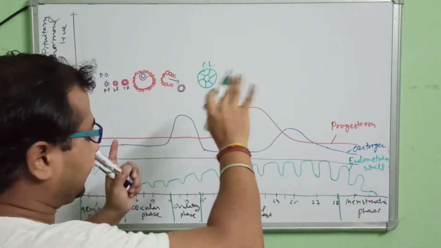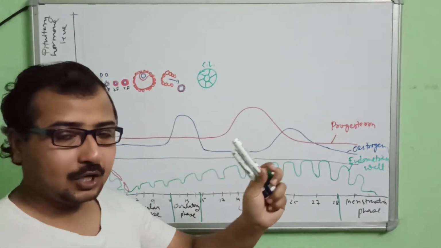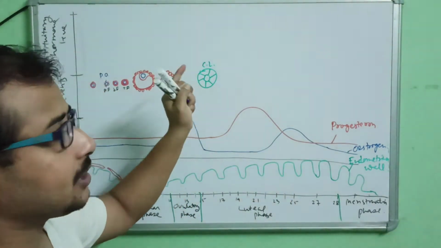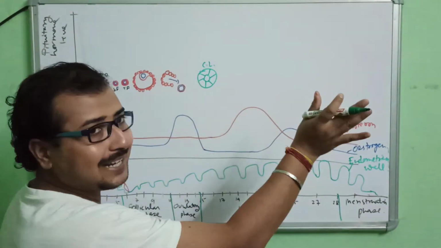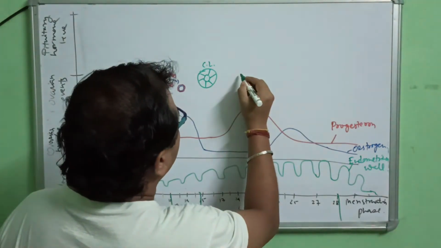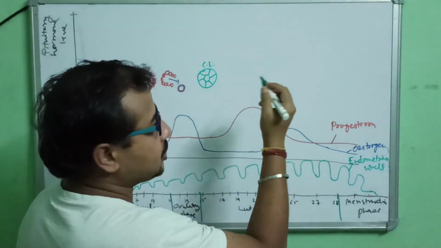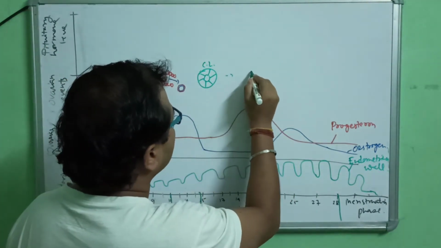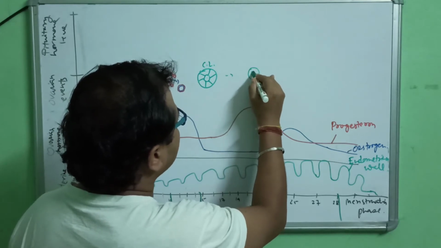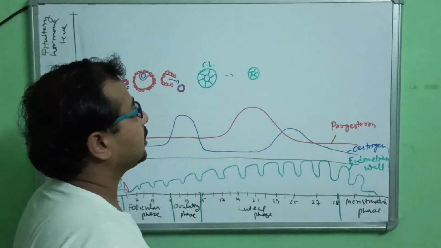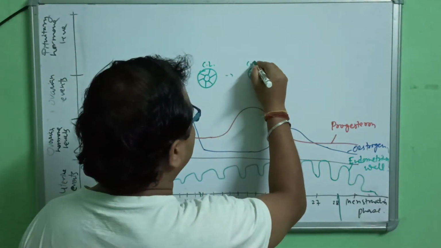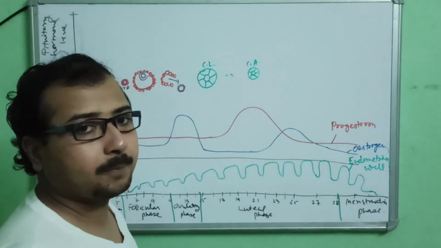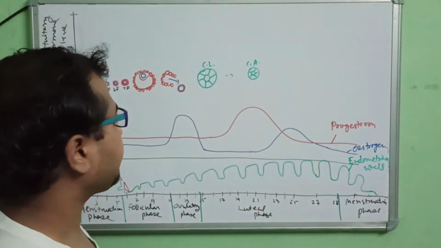Now later on, as there is no fertilization, this corpus luteum is going to regress into corpus albicans. So structural deterioration, you can say. It will convert into a very small structure called the corpus albicans.